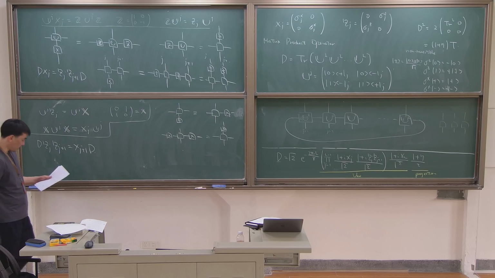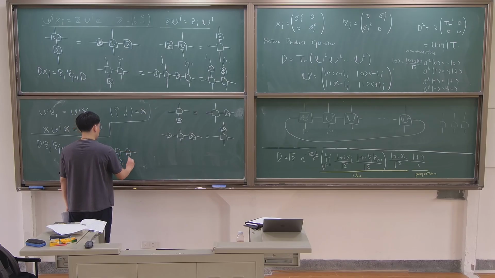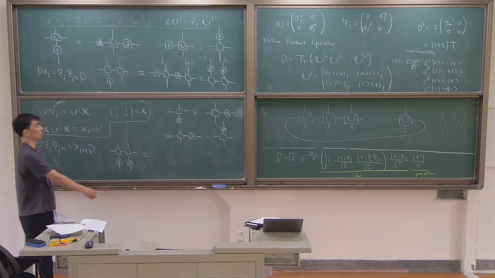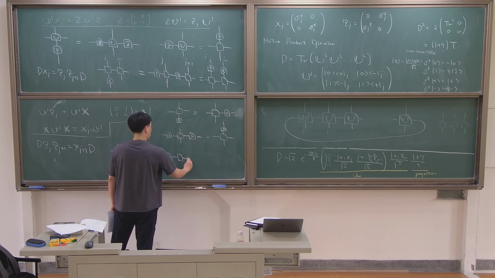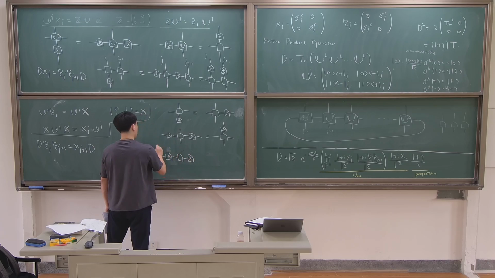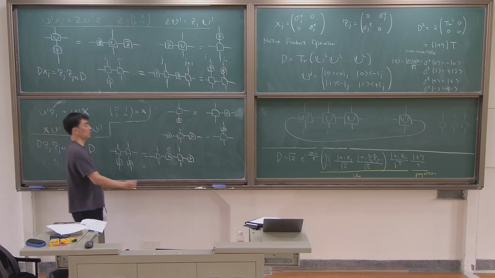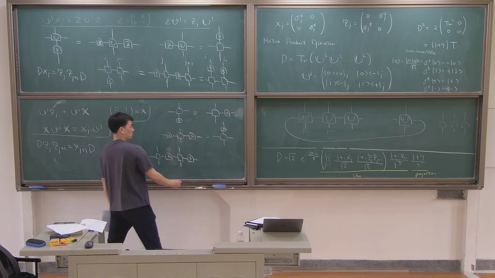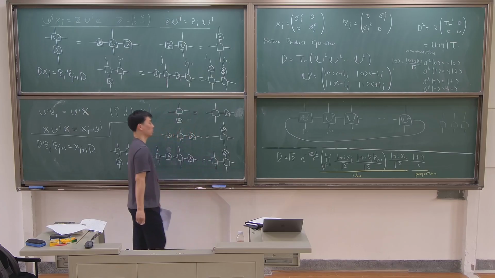And this one can be diagrammatically understood as Z and Z this way. And then we apply this rule, like this way, and apply this rule, and this is equal to like this.